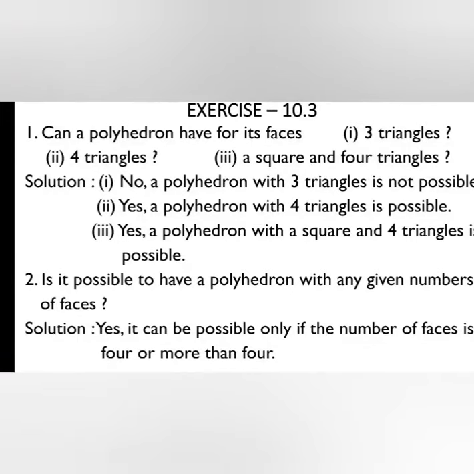Meaning if there are fewer than 4 faces, a polyhedron is not possible. But if the number of faces is 4 or more, we can make a polyhedron. So a polyhedron with 4 or more faces is the only possibility.